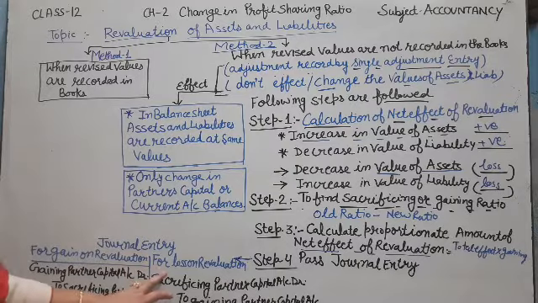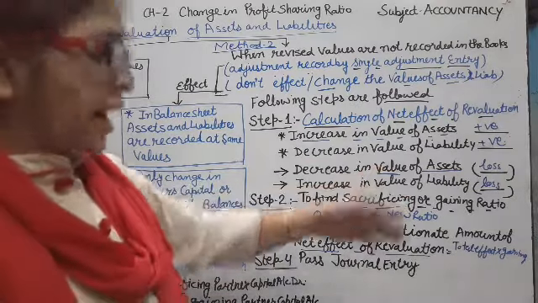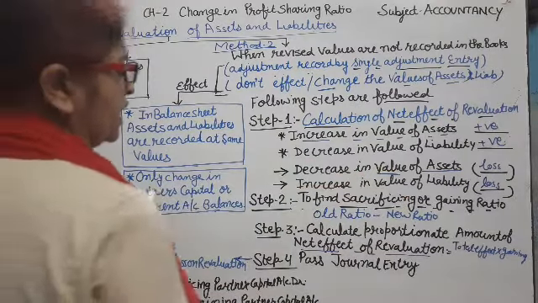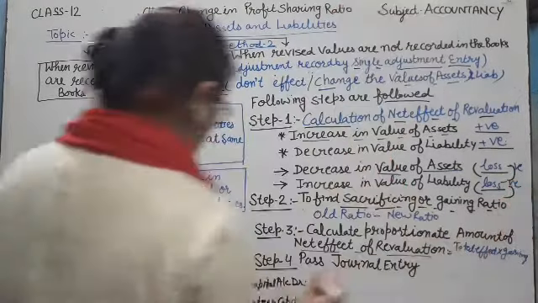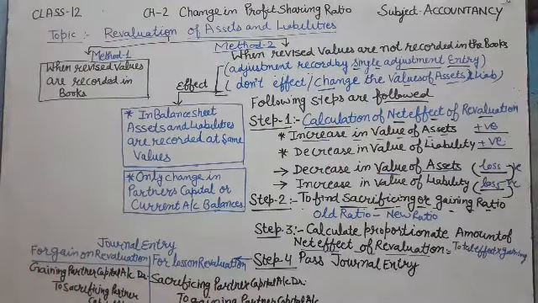And for loss, loss means negative items are more than positive items, that is considered a loss. So we give the reverse journal entry: sacrificing partner capital account debit to gaining partner capital account.